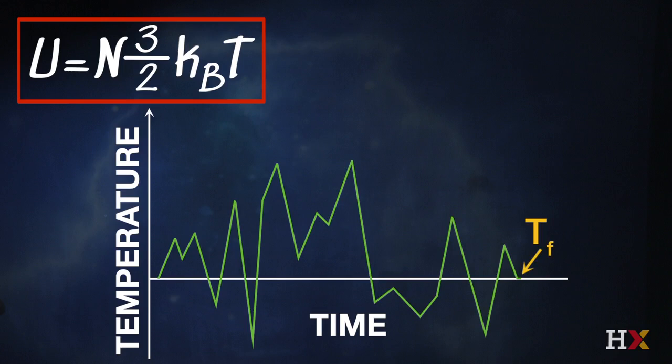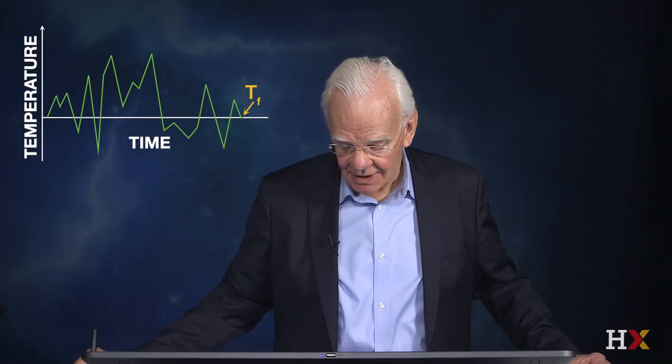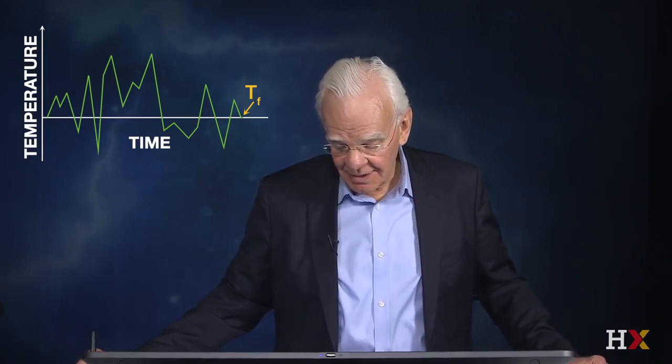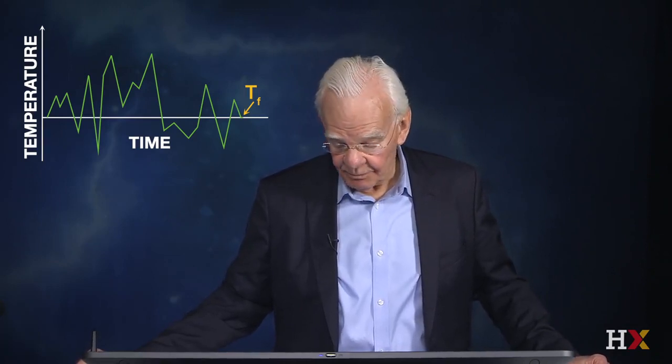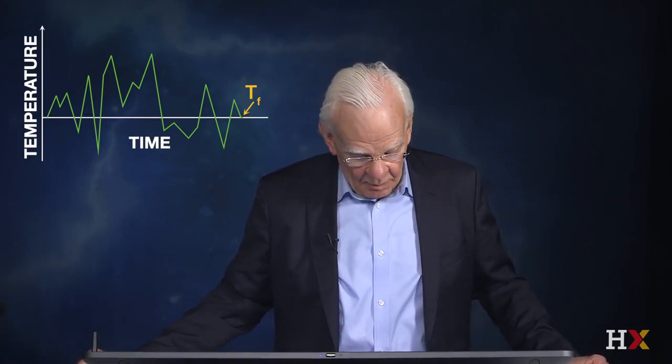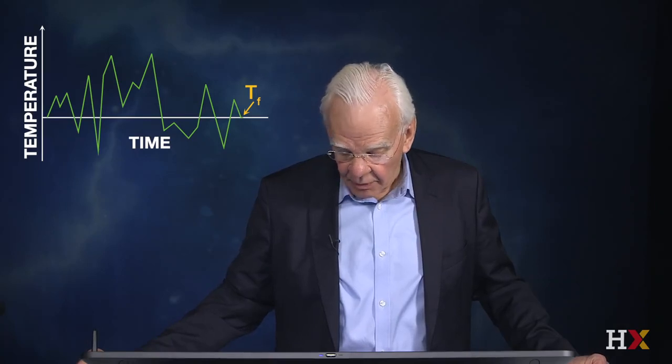They can only remember what their average temperature is of the ensemble of those molecules. So temperature is independent of the path by which it was achieved. That is, it doesn't matter by what variation temperature went through. If I can define that temperature, that defines the state of the system at that moment.